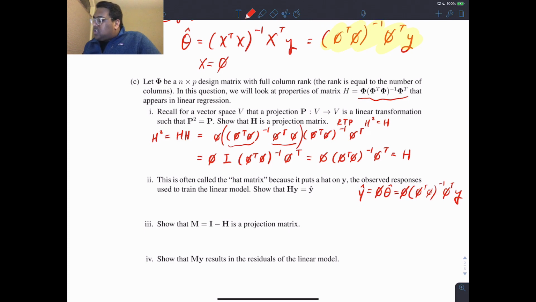With this definition in mind, that comes out pretty easily, because Hy is phi (phi transpose phi) inverse phi transpose, and now I tack on a y there, and the right-hand side of this expression is exactly the expression over here. So I can claim that this is y hat, and we're good.